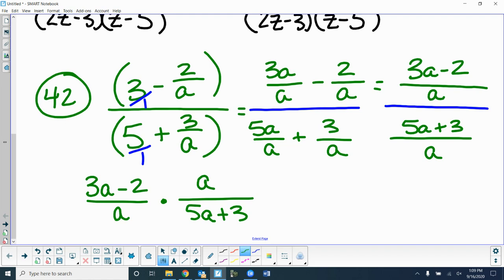The a's, yeah, the ones that are alone. This one and this one. And I can't cancel this a with that one because we got the minus with it and the plus with it, all right? So our answer is 3a minus 2 for our numerator, and 5a plus 3 for our denominator.